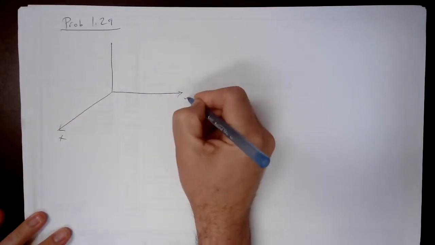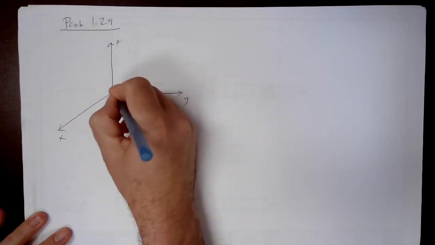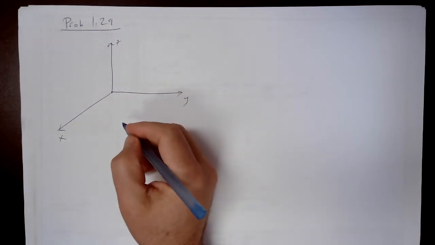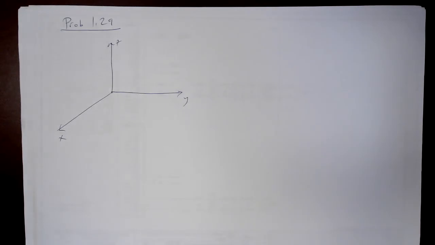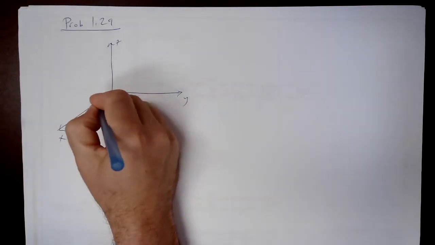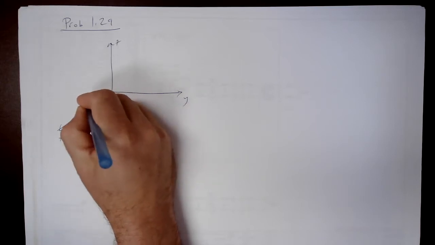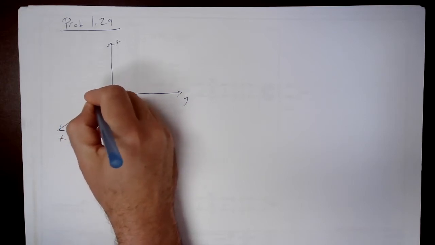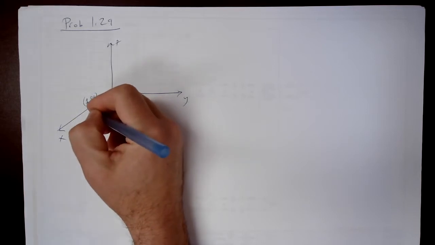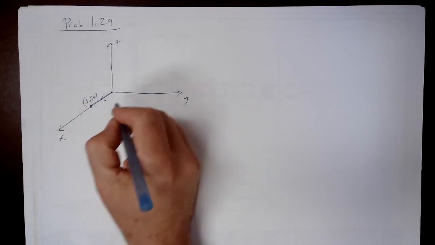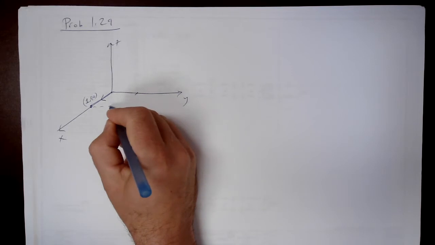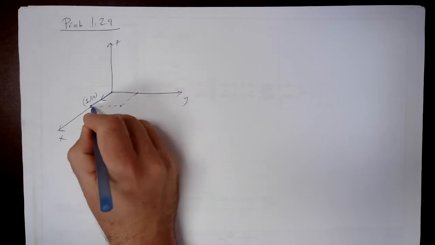We have the x, y, z origin. And then I'm going to go to (1, 1, 1) in the following way. First (1, 0, 0). Then from that to (1, 1, 0).